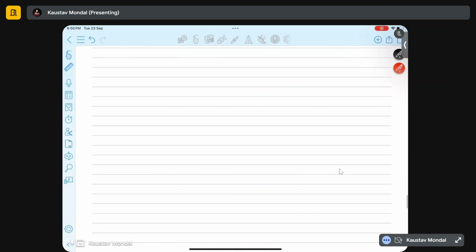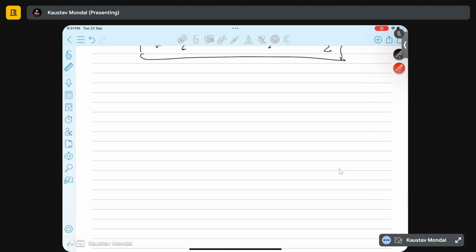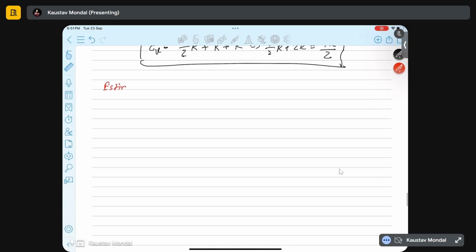So we'll do another problem like this. Here the problem is: estimate the molar constant volume heat capacity of NH3 at 300 Kelvin.